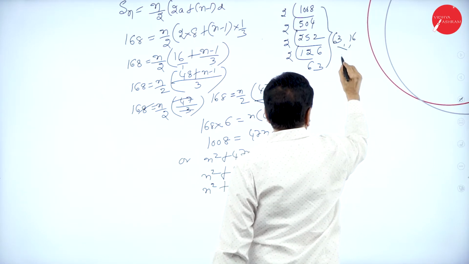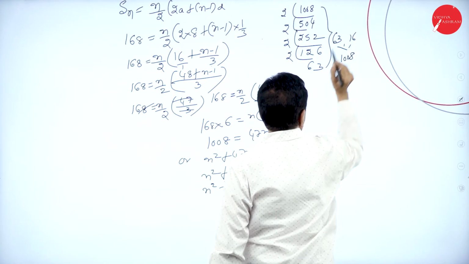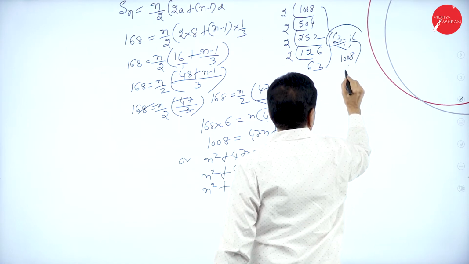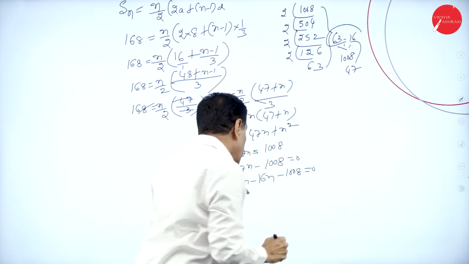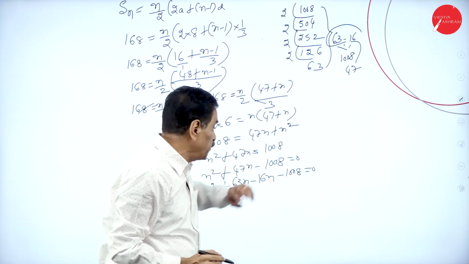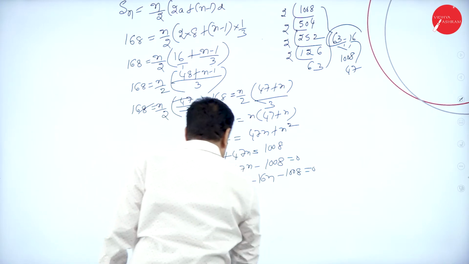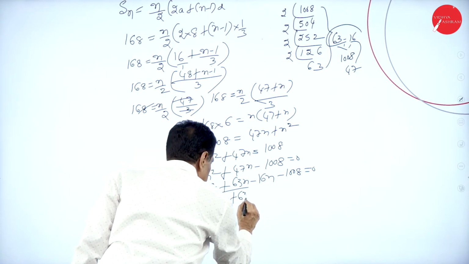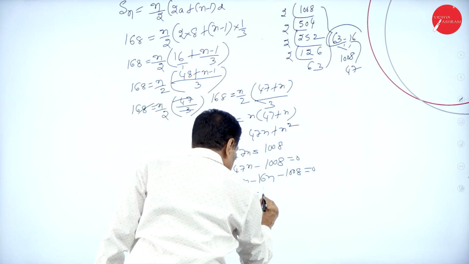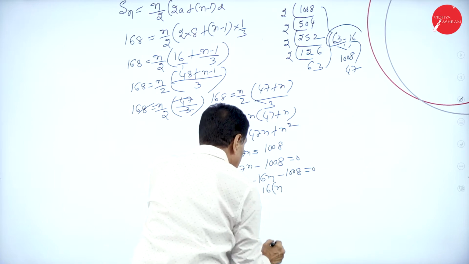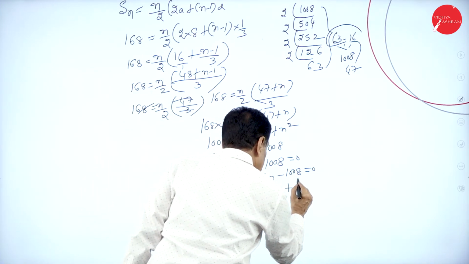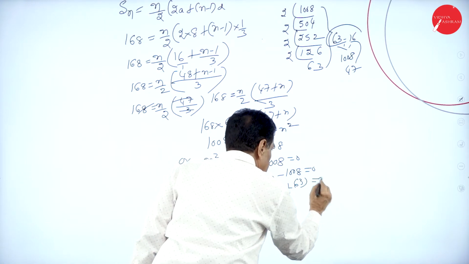Multiply, we get 1008. 63 minus 16 is 47. You want 47, you want 1008, both we are getting. From this, take the common n plus 63. Take the common minus 16, left over. Minus into minus plus 16 into 63 is equal to 0.